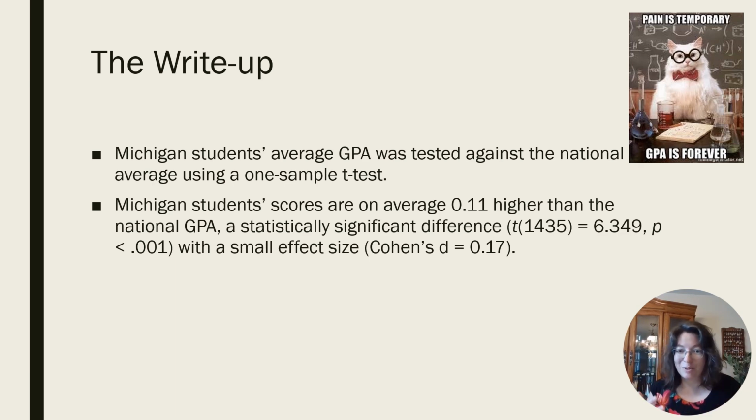So what you are allowed to do in this course is literally copy this sentence, paste it into your own paper, and then switch out the variable names that you actually used and the numbers that you used. It is not considered plagiarism just because the way that we present this information is very prescriptive. All right.